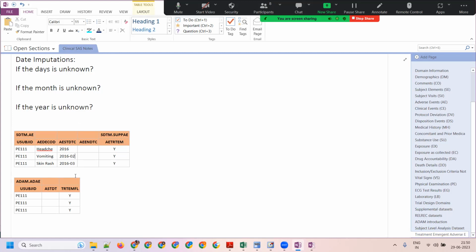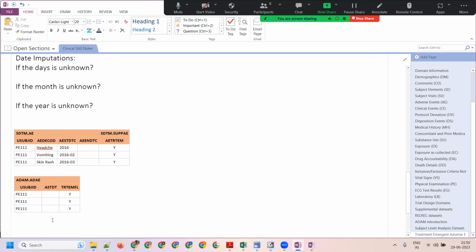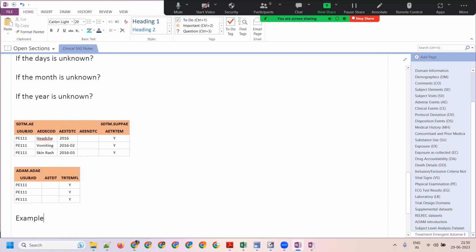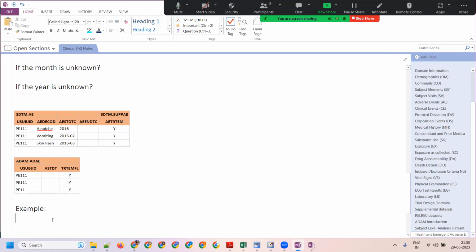First thing, what is that? For an example, let's say my exposure start date is equal to 2016-03-14.